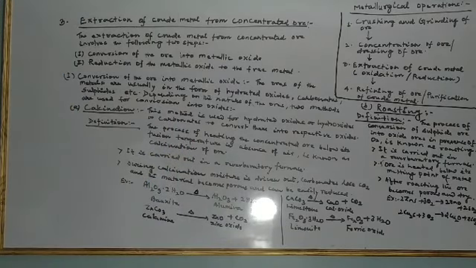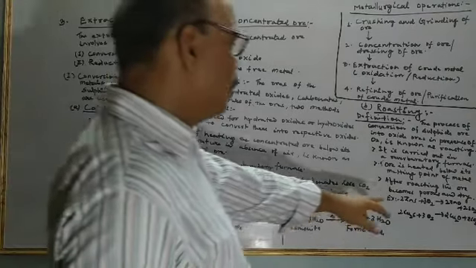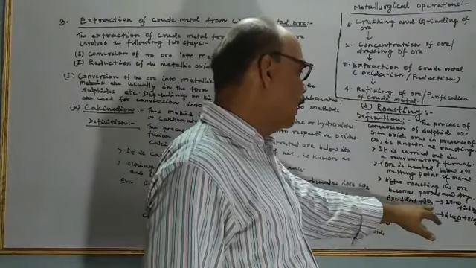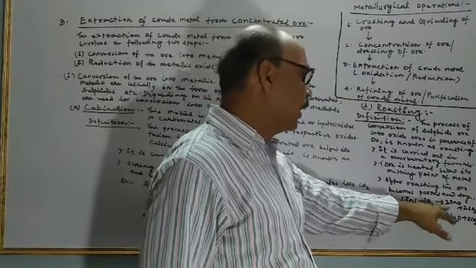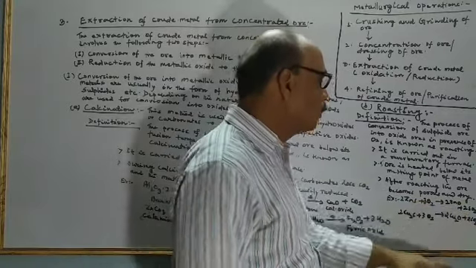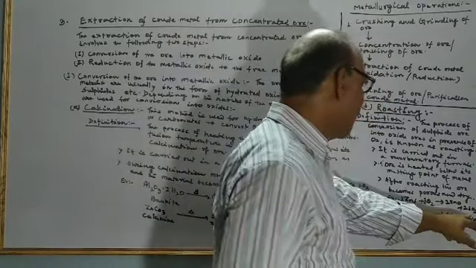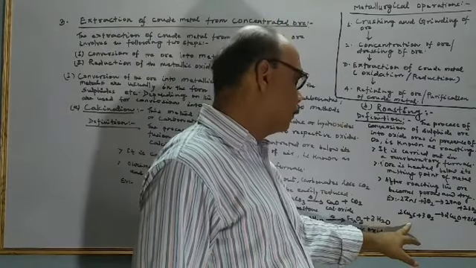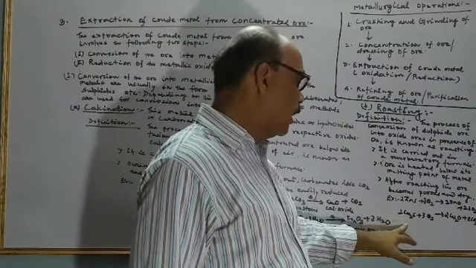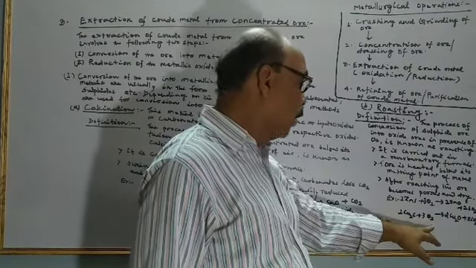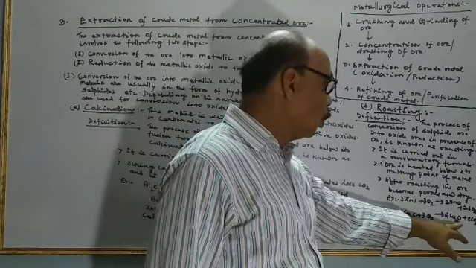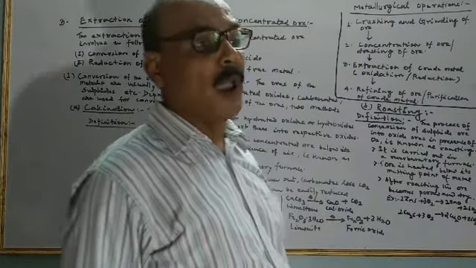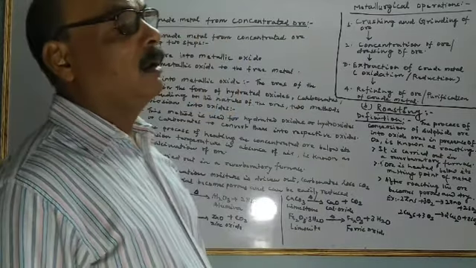After roasting, the ore becomes porous and dry. For example, ZnS, zinc blende, on heating in presence of air gives zinc oxide and evolves sulfur dioxide gas. Likewise, copper glance, Cu2S, on heating in the presence of oxygen gives cuprous oxide and SO2 gas.